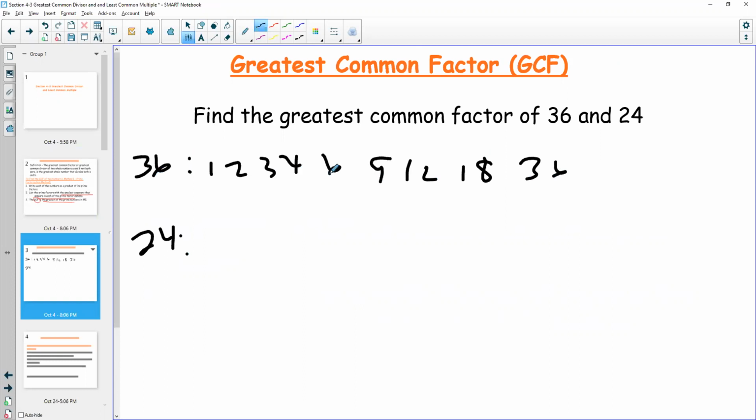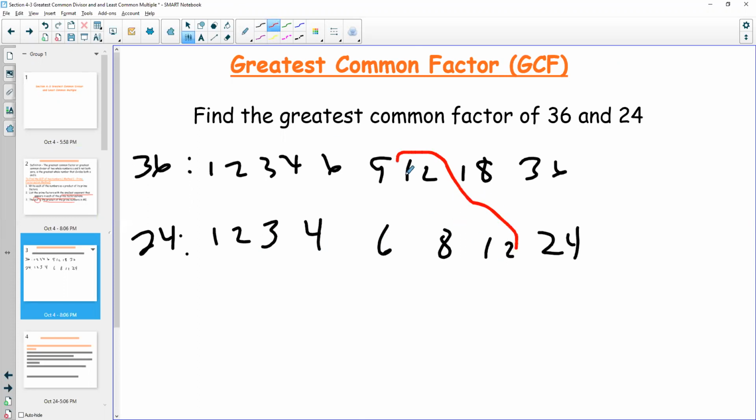For 24, I've got 1 and 24, 2 and 12, 3 and 8, 4 and 6. Then we look at our list. What's the biggest number that both have? Looks to me it's 12. So we know going in the greatest common factor is 12.